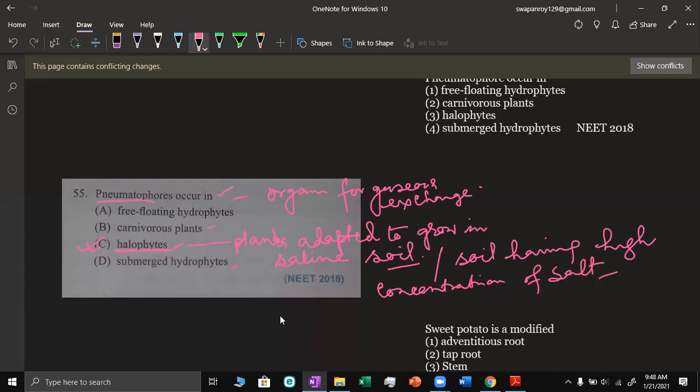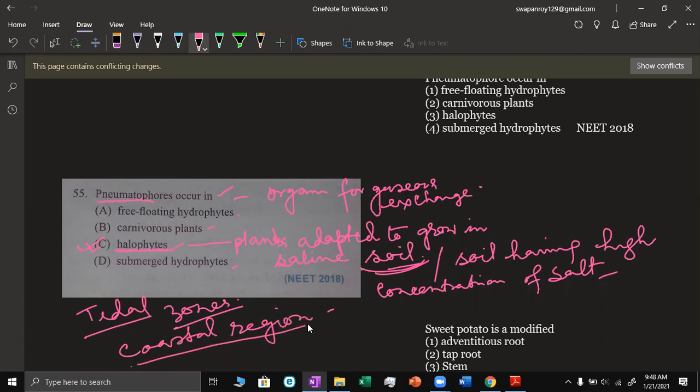This type of soil is found in tidal zones, areas always facing the tides, that is the coastal region.